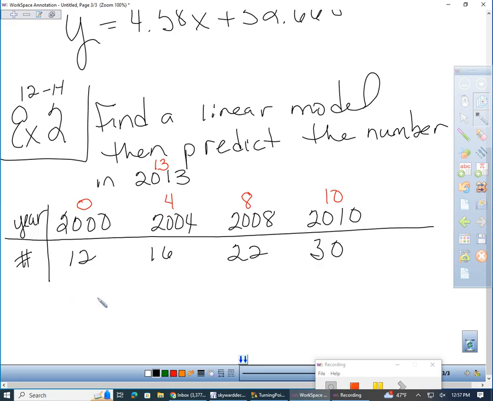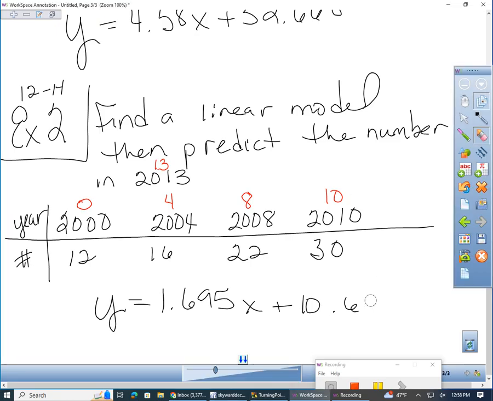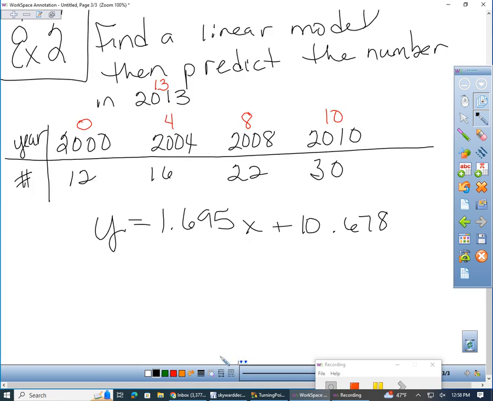All right, so the equation you should get is y equals 1.695x plus 10.678. Did everybody get that equation? So now we're going to predict by plugging 13 in for what? X, absolutely.